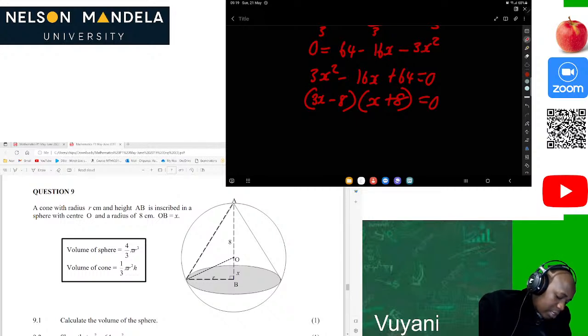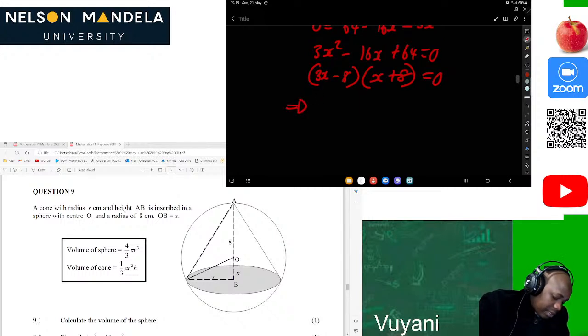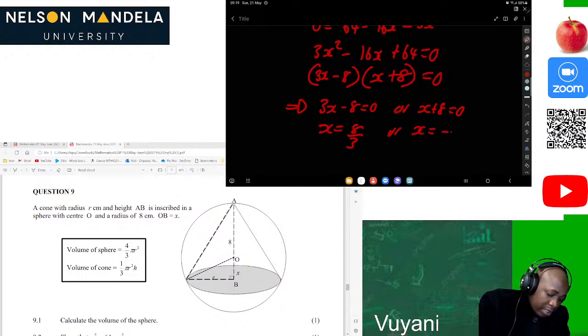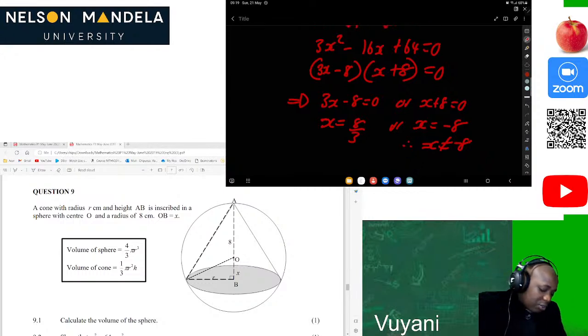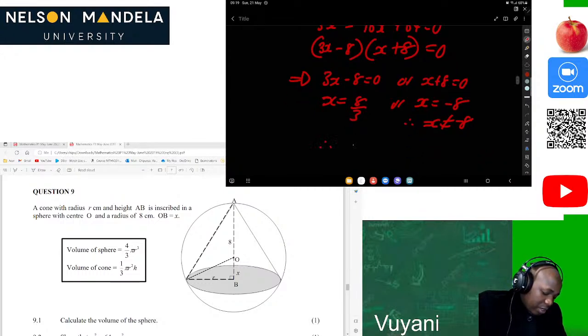Then equal to 0. Then 3x minus 8 is equal to 0, or x plus 8 is equal to 0. Then x will be 8 over 3, or x will be negative 8. Definitely x can never be negative 8, because we are looking at the ratios. So the x value which we are looking for is x equal to 8 over 3.